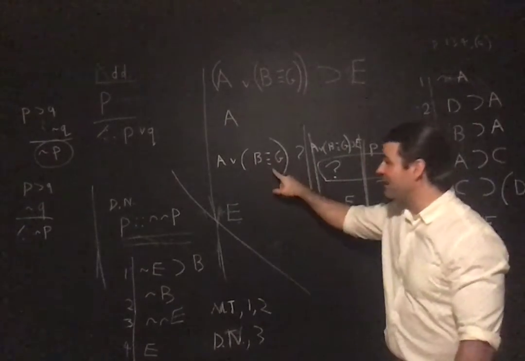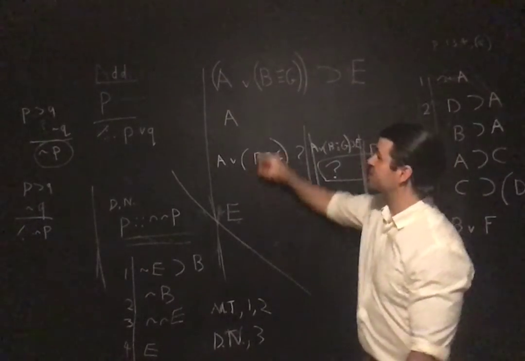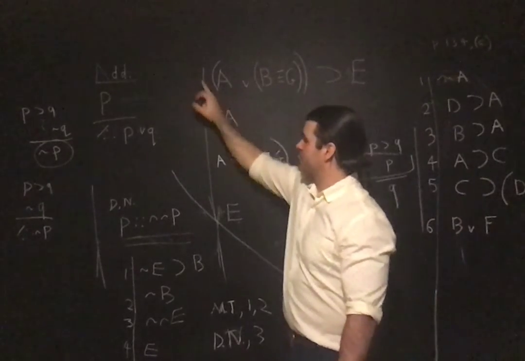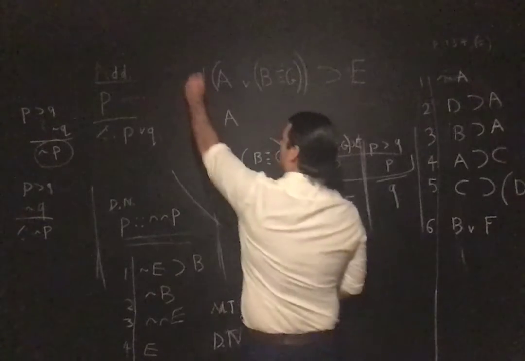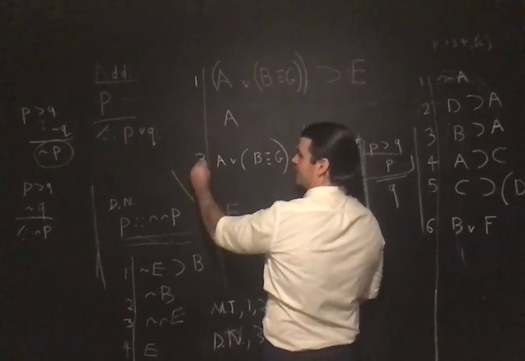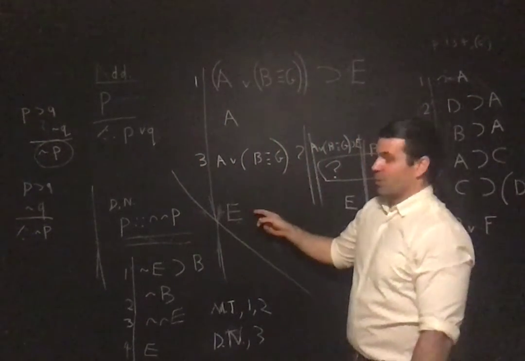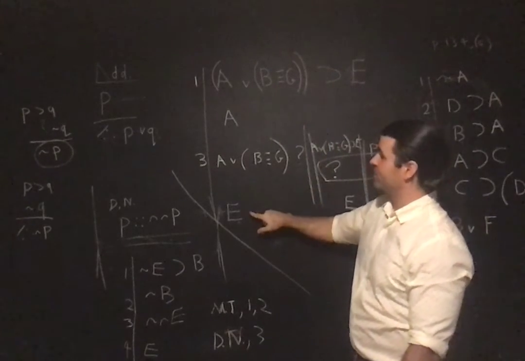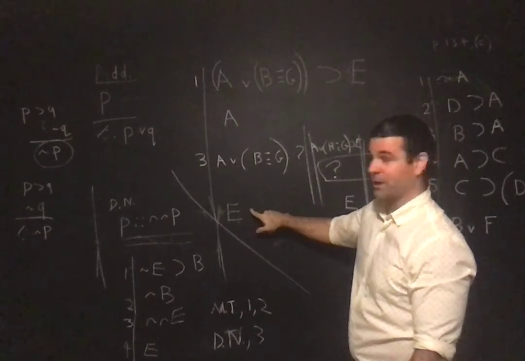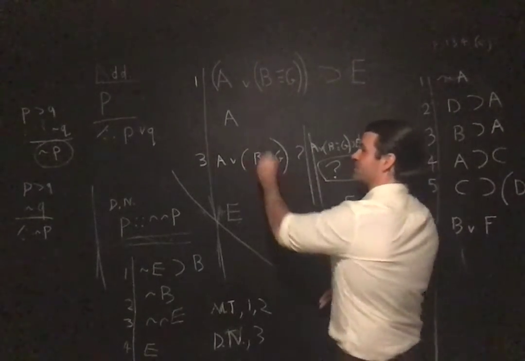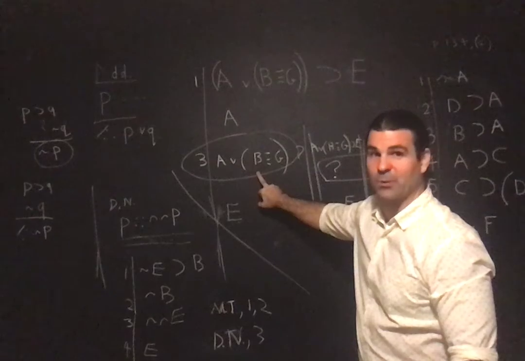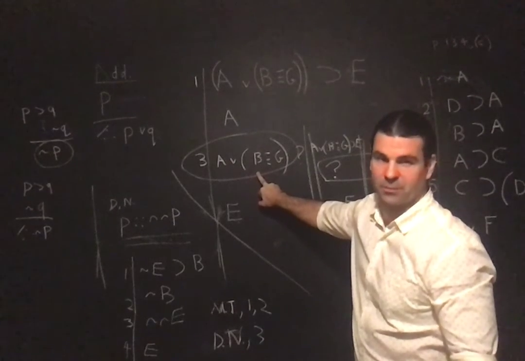Once I have this, then I can cite this and this. Say 1, it's going to be 3, but you don't know that yet. And I can say, modus ponens to E. I have a conditional, I have the antecedent of the conditional, I can infer the consequent, and I'm home. Now, working backwards, how do I get this? This is where addition comes in.